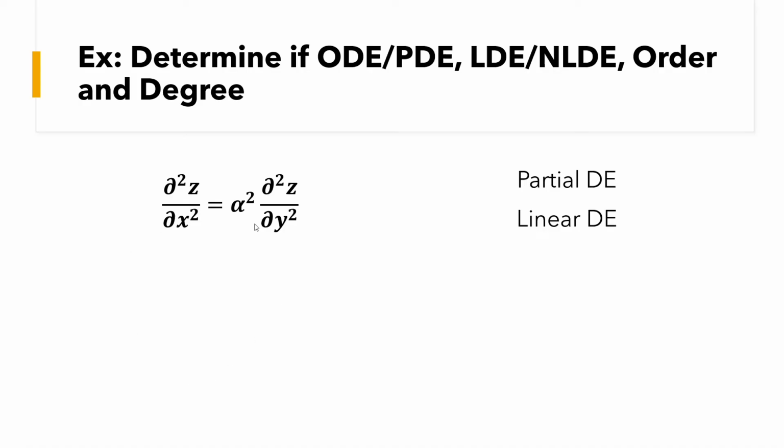Why? Because the numerical coefficients of our derivatives are constants. It is of order 2, since we have a second derivative, then degree 1. Our partial derivatives have an exponent of only 1.